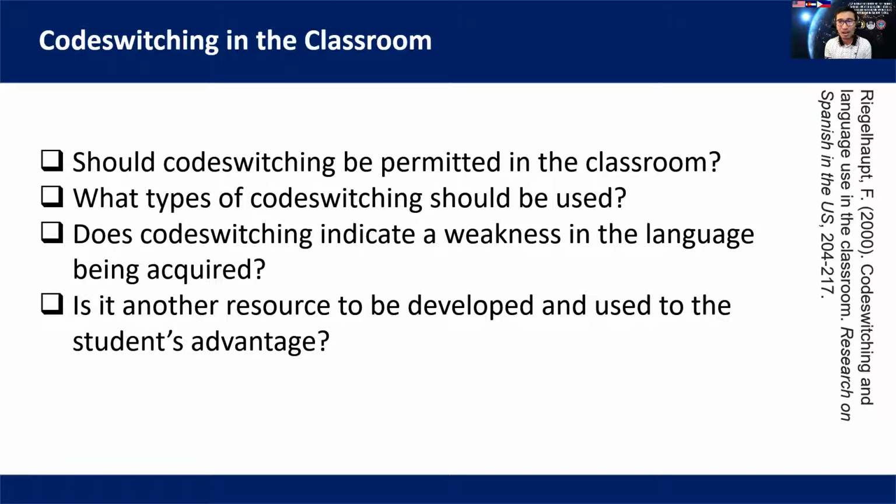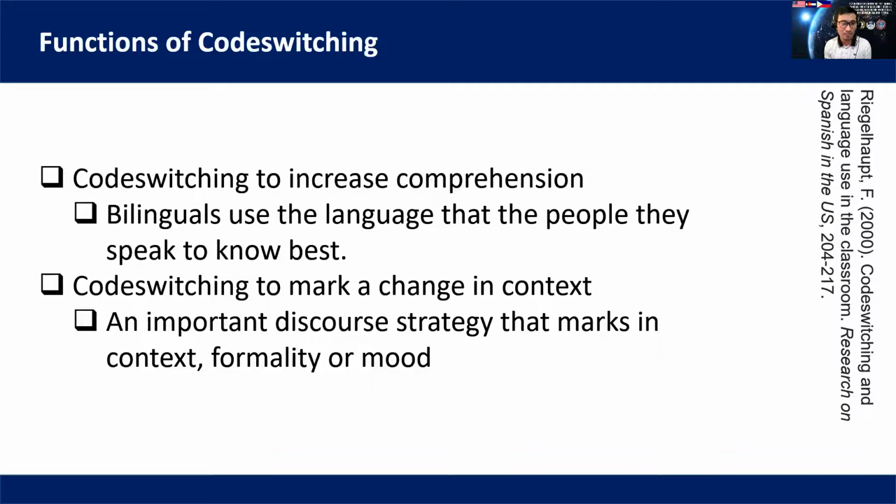So what are the functions of code switching? Code switching is important to increase comprehension, since you're allowed to navigate from one language to another language. Bilinguals use the language that the people they speak to know best, so you can better comprehend each other. Code switching also marks a change in context. Basically, this is an important discourse strategy that marks changes in context, formality, or mood.